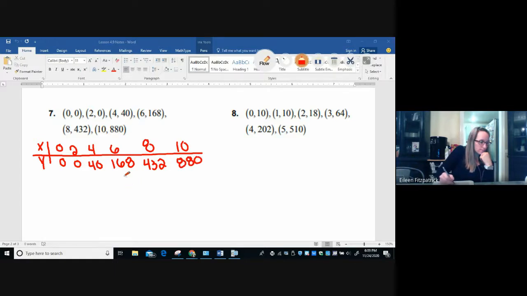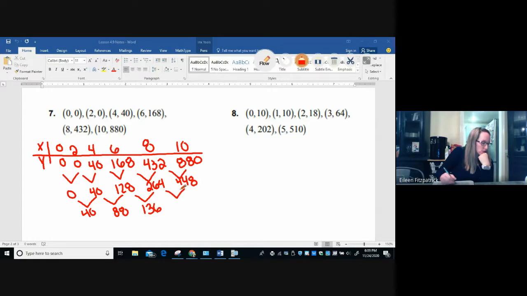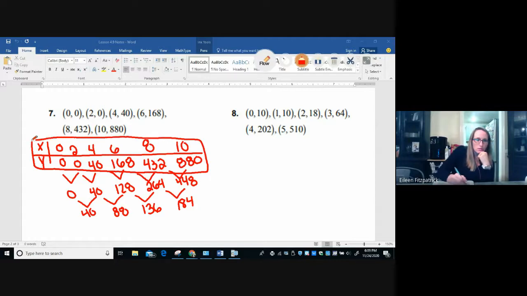All right, so the change is 0, plus 40, plus 128, plus 264, plus 448. Definitely not linear. Changes 40, 88, 136, 184.